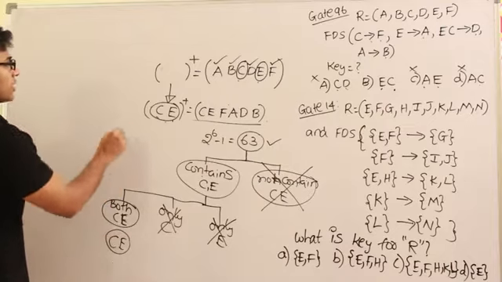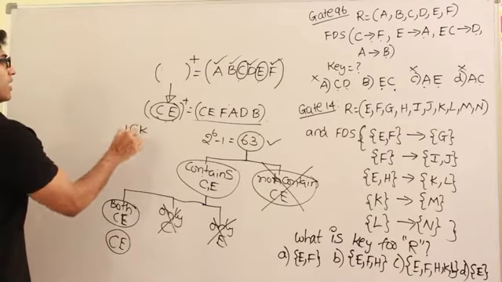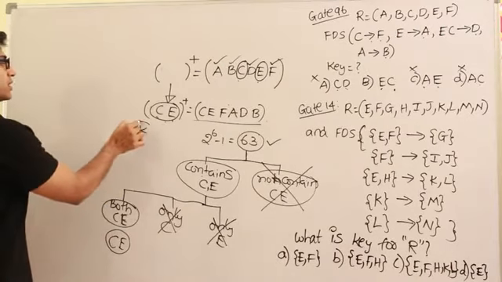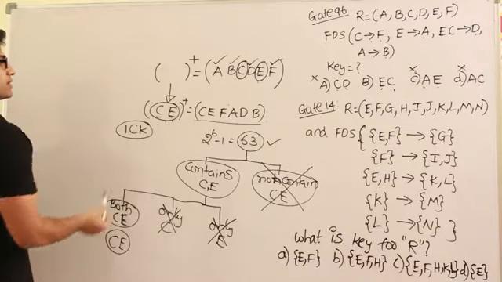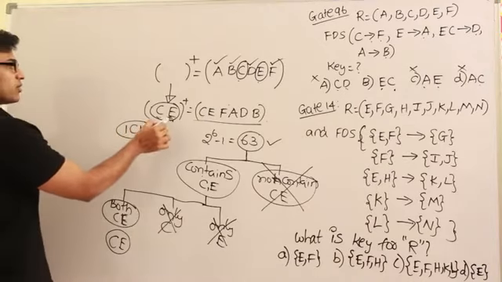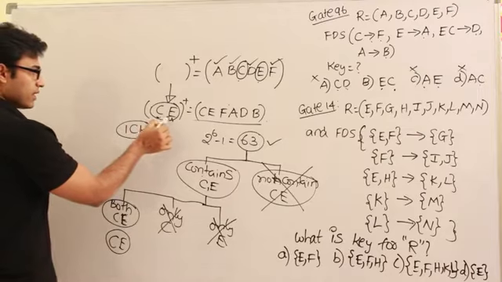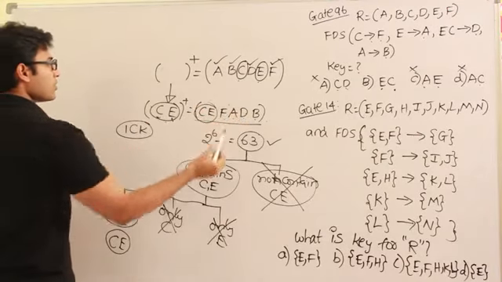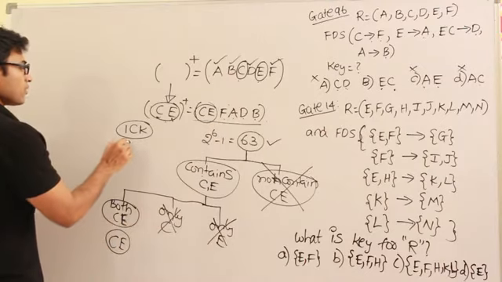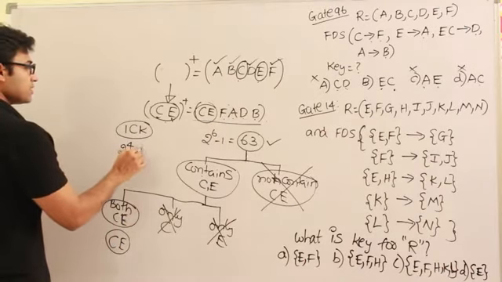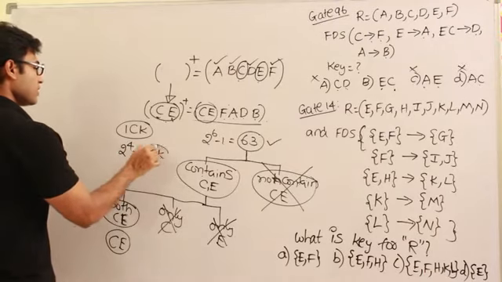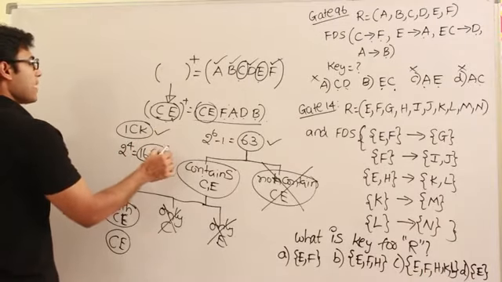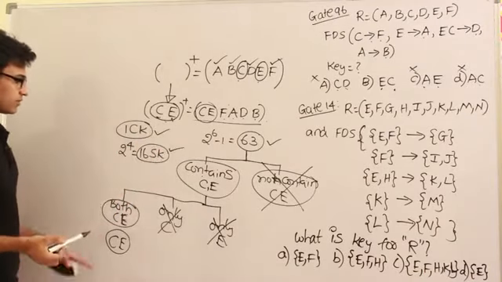And what about the super keys? Super keys are anything which contains CE as a subset. How many attribute combinations are possible which contain CE as a subset? You remove CE, then how many are remaining? 1, 2, 3, 4. Therefore 2 power 4, which means 16 super keys are possible which contain CE, and only one candidate key is possible. Got it?